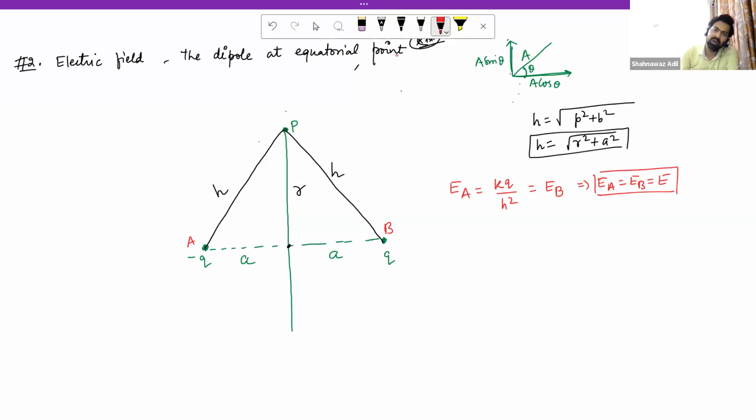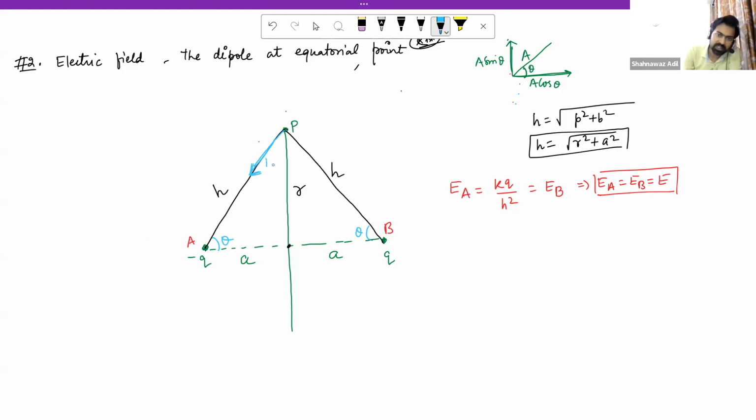Now I have to figure out what is the direction of all those electric fields. So this is theta, right? This is theta, and due to A, this is negative charge, so electric field would be attractive towards this side. Clear?